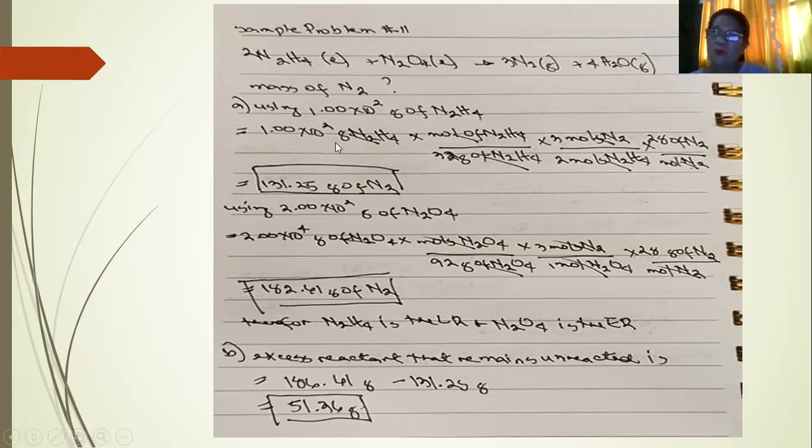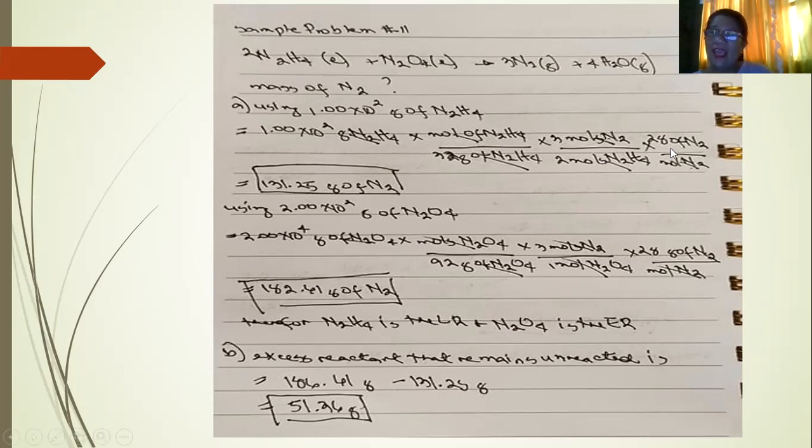So 1 times 10 to the power of 2 grams of hydrazine multiplied by its molecular weight, but we have it reversed. That is 32 grams. So cancel the grams. Then use now the molar ratio. There are 3 moles of N2 produced, which is reacted with 2 moles of hydrazine.